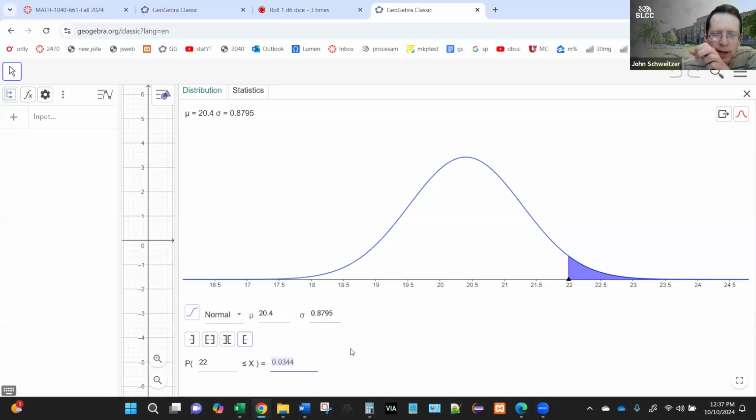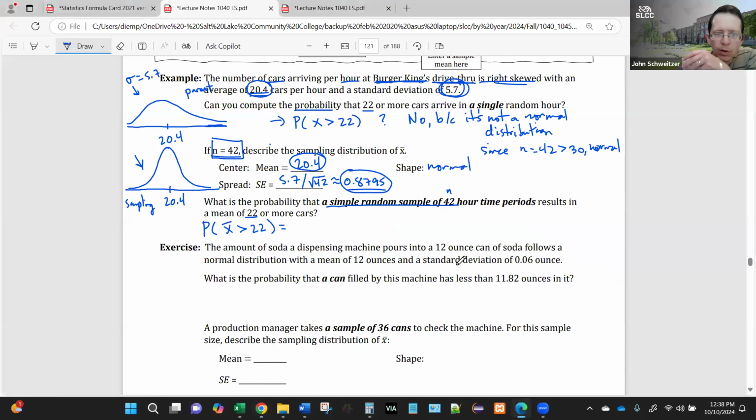So if you take 42 randomly selected hours and count the number of cars that go through the drive-through in each of those hours, add them all up, and divide by 42, you get an x bar, an average number of cars per hour in your sample. So the likelihood that average is 22 or more is 0.0344.